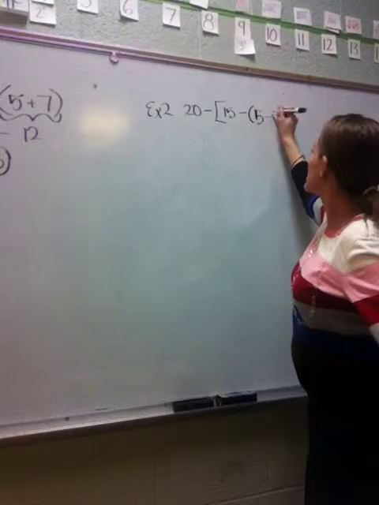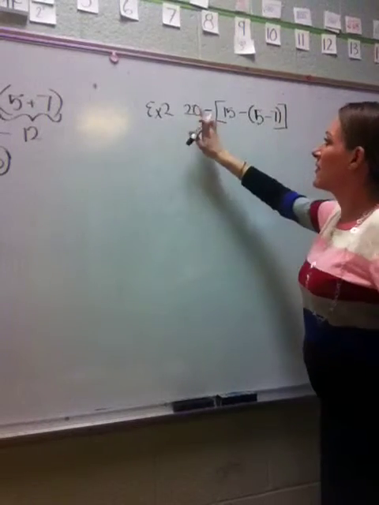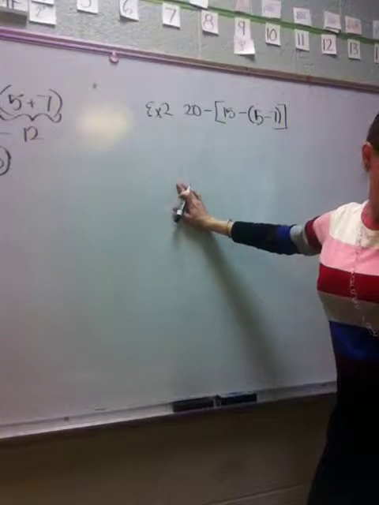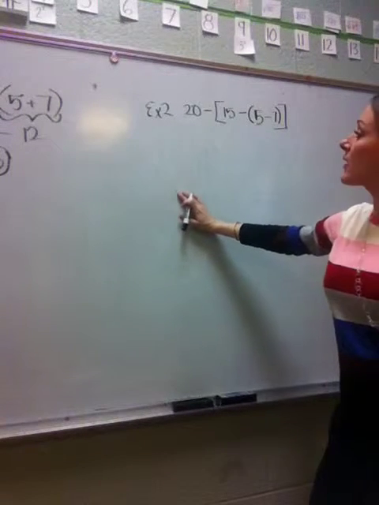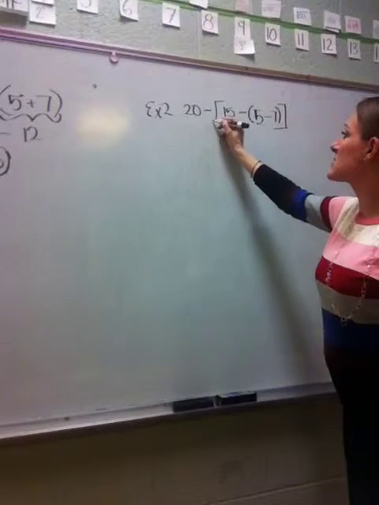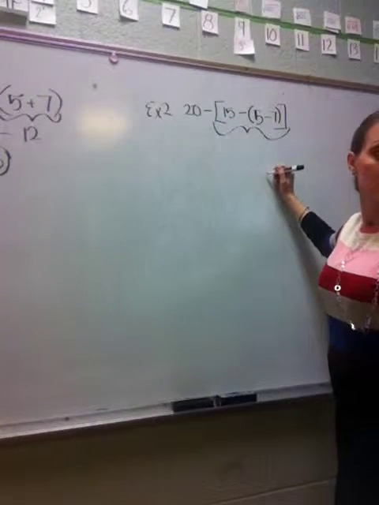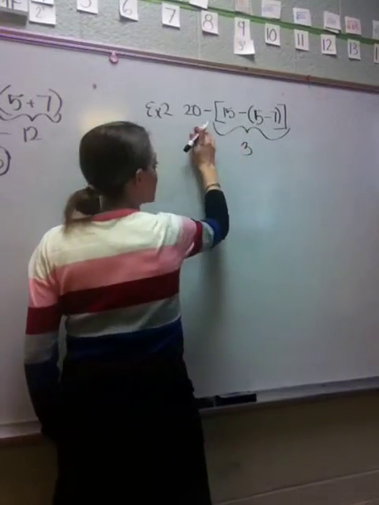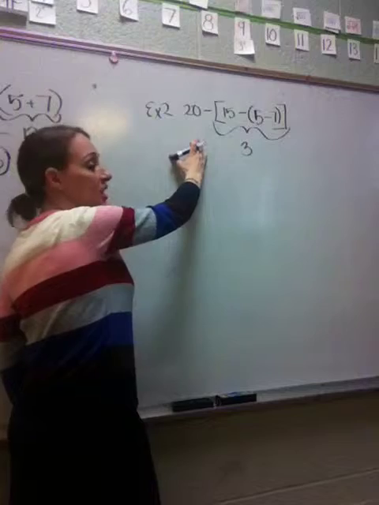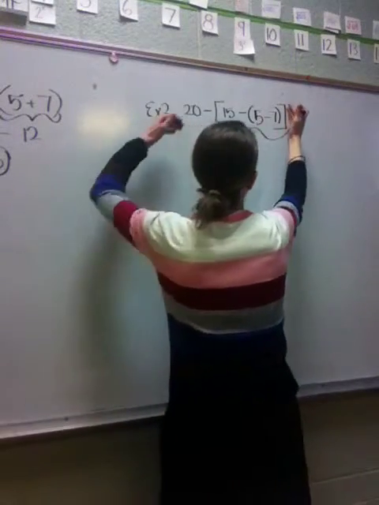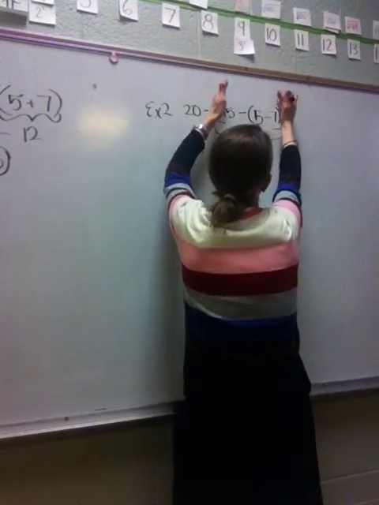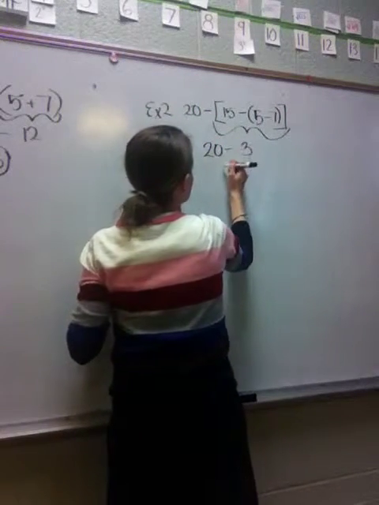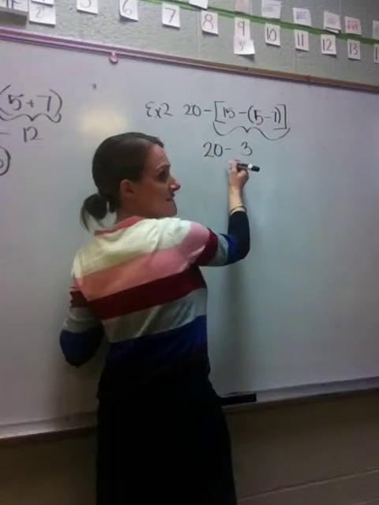Sorry, I think it's just a take on this beginning. Yeah, it is. I don't like it when they do that. All right, so we already did this. What does this equal? 3. What, Helen? 3. We already did it. Doing it with something else out front isn't going to change our order of operations. We do what's in parentheses first, we work out. We do what's in the brackets next, then we work out. So what we in effect have is 20 minus 3, and 20 minus 3 simplified is what? 17.